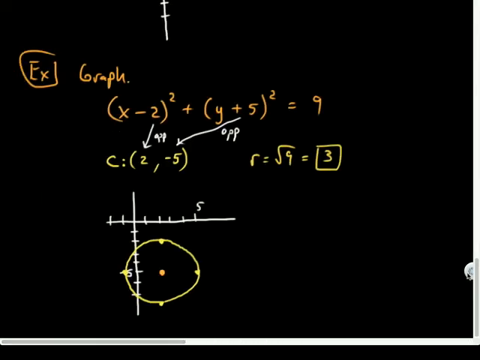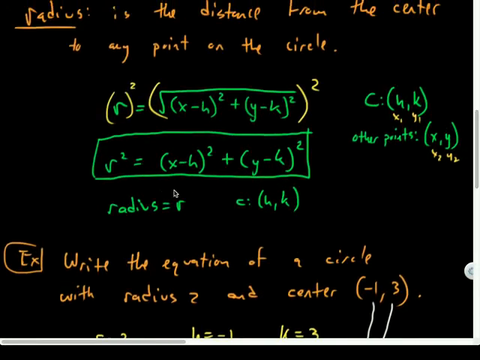Actually, one thing I want to add, back up at our equation of a circle, this is called the standard form of the equation of a circle. Or standard form of a circle, the equation of a circle.